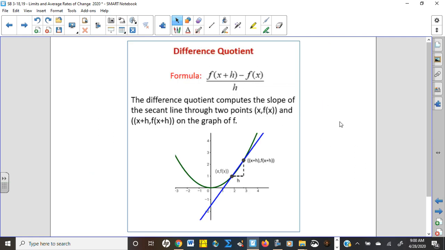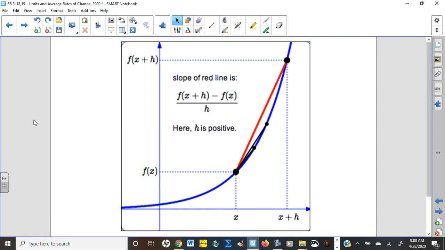And if you Google difference quotient like I did, and just look at some of the images that pop up immediately, here is the same thing that we just did, and then look at this. Same thing. Look at that. It has the secant slope there, right? f of x plus h minus f of x divided by h.